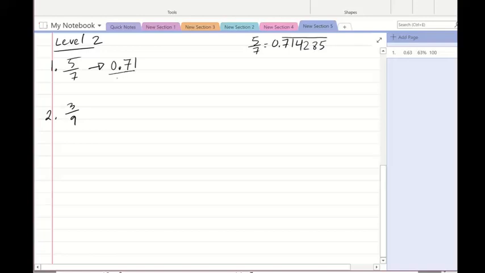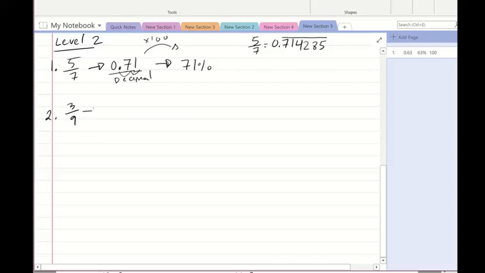So this is the decimal form of this fraction, and to convert it to a percentage, remember, times 100, that's one way. So this times 100 gives us 71%. If I converted it using the 2 decimal spots, 1, 2, that gives us the same exact answer.